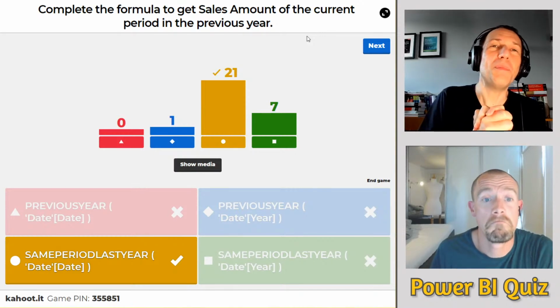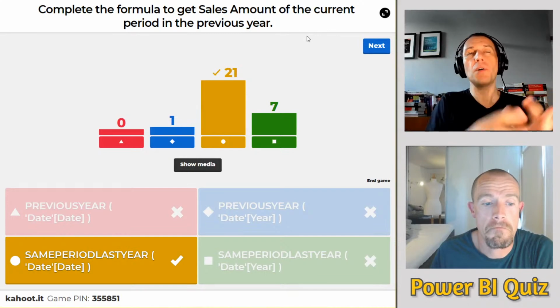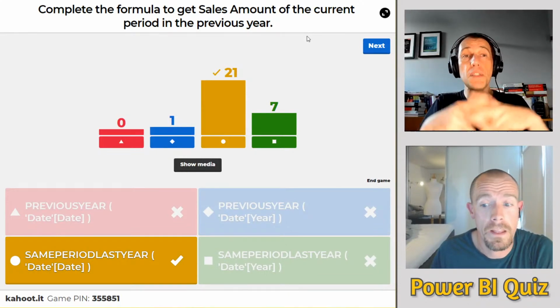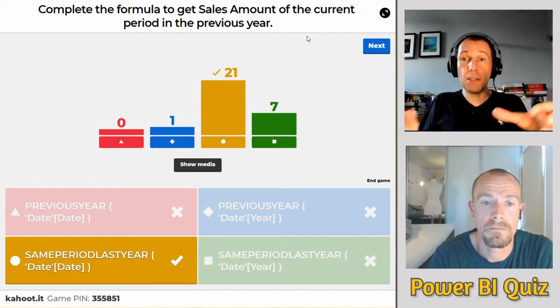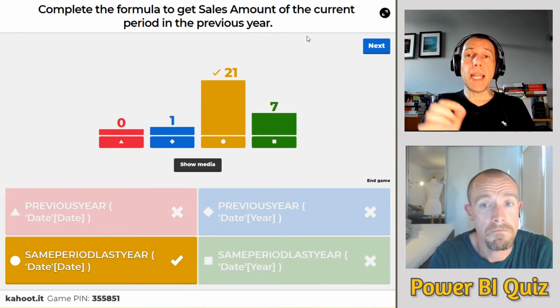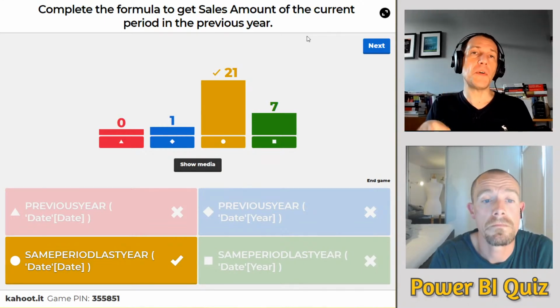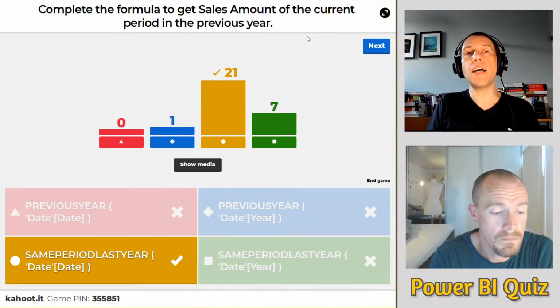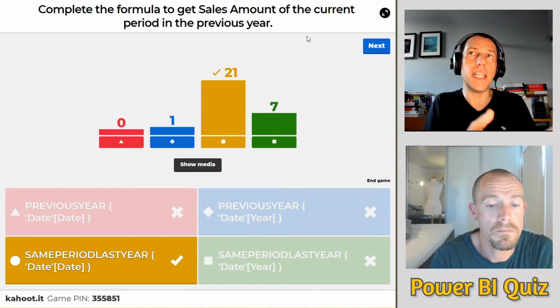Almost everybody chose SAMEPERIODLASTYEAR, which is the right answer. SAMEPERIODLASTYEAR provides the same period in the previous year. It's important that the time intelligence functions always get a date column as an argument. So the last, the green answer, is wrong because it is with Date[Year] and not the date.